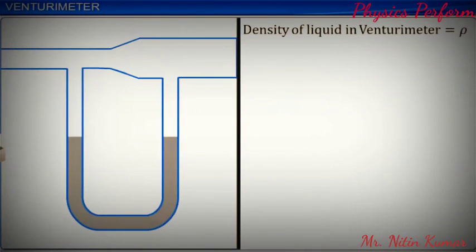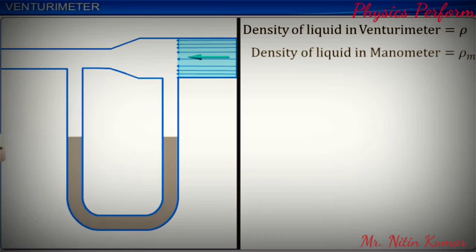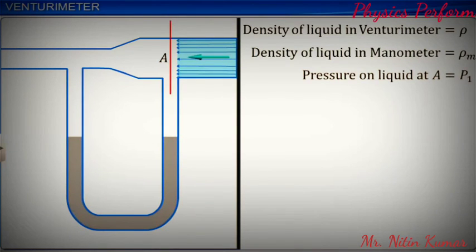Consider a liquid of density ρ passing through the venturimeter tube with a steady flow. Let ρm be the density of the liquid in the manometer. Consider a point A on the venturimeter tube, where the diameter is larger.